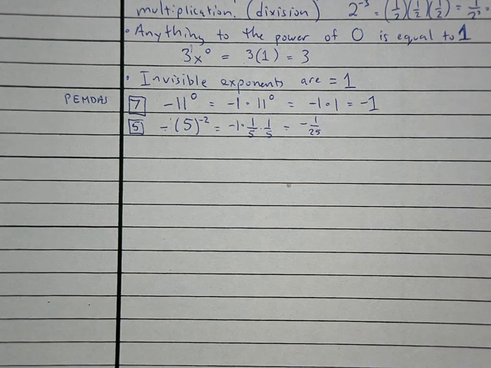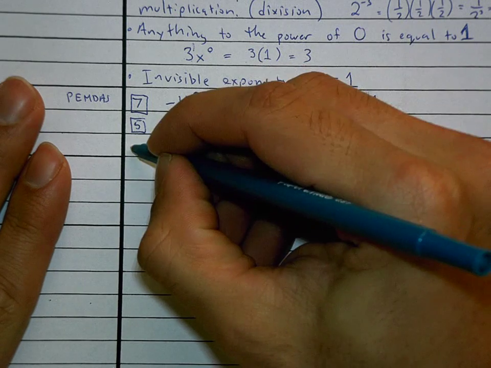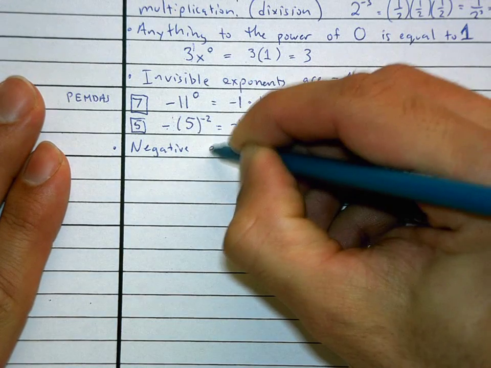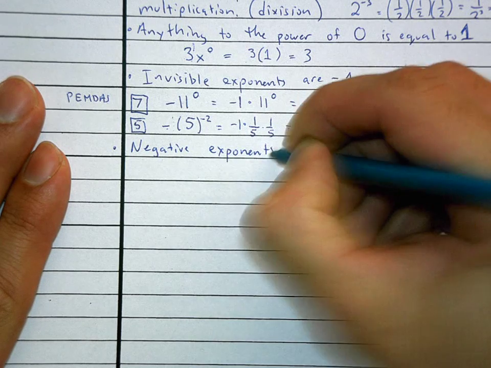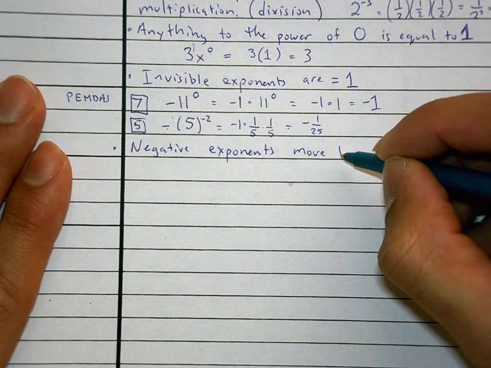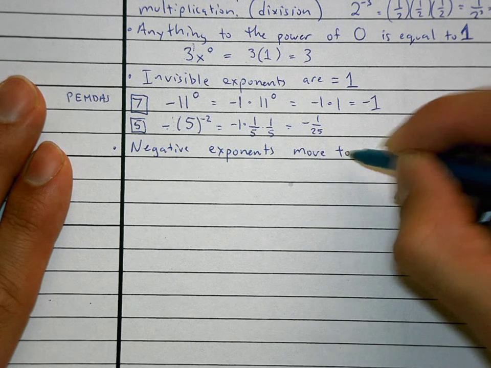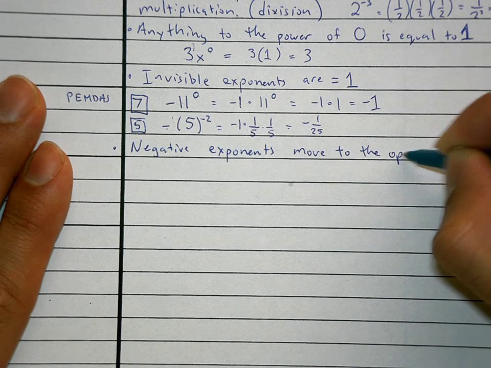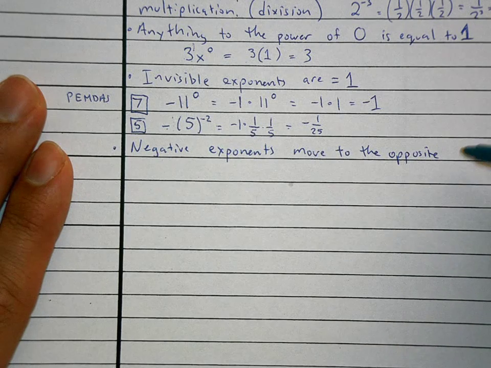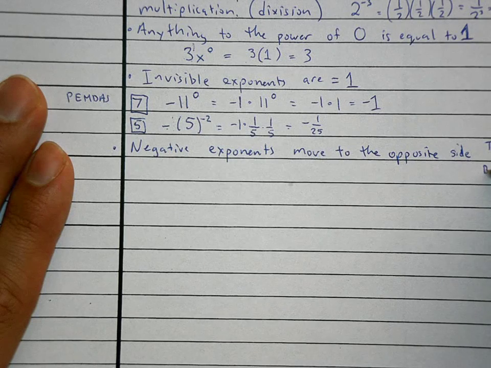Something I want you to think of, this is a shortcut. I'm going to put down here: negative exponents move to the opposite side, top to bottom or bottom to top.